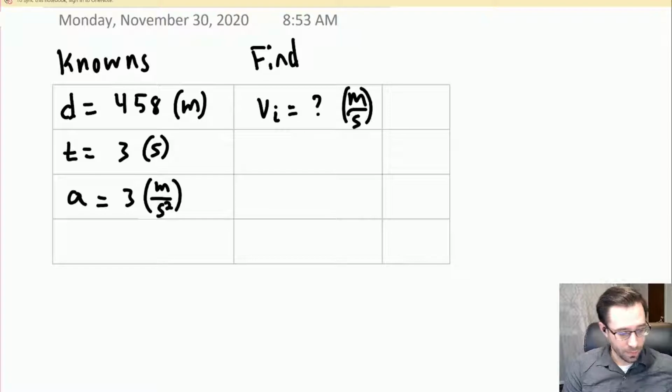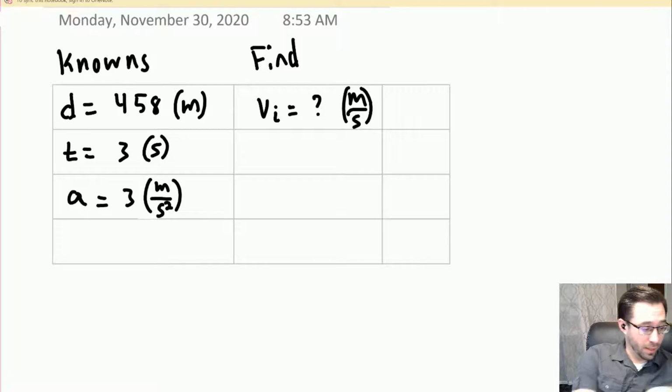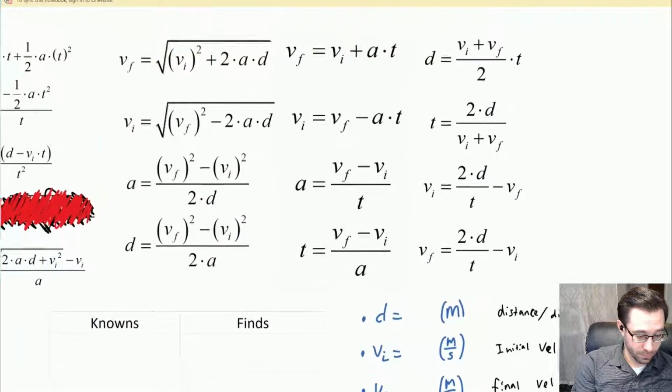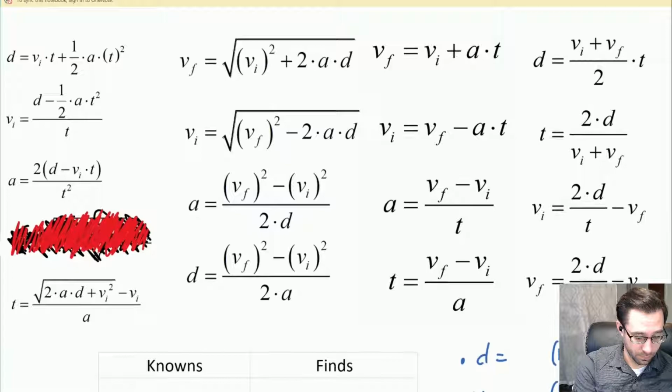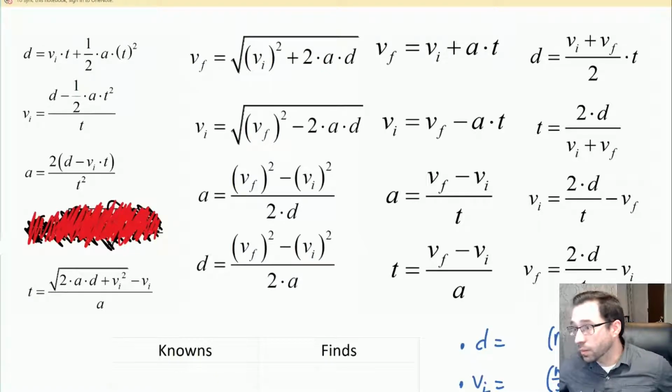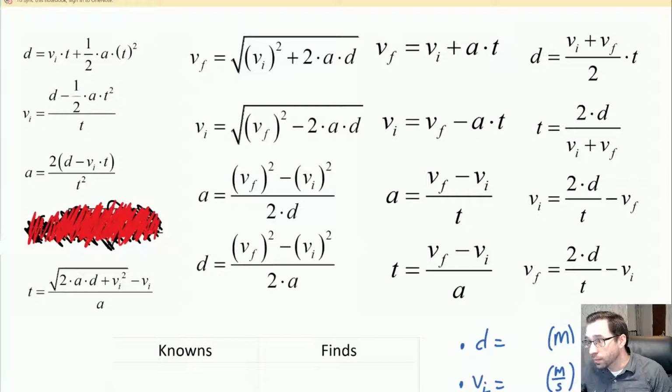Okay. Now, the next step is I need to find an equation or an expression from this sheet. I need to figure out which one of these equations to use.